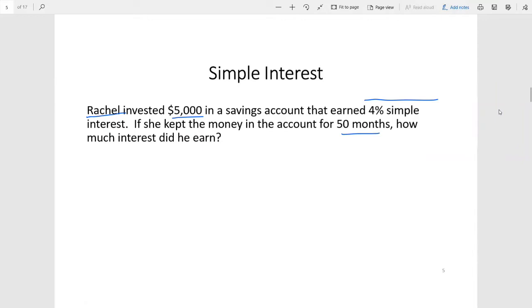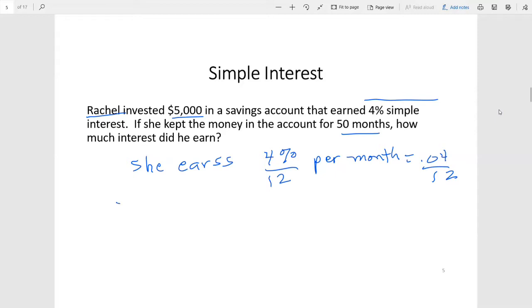That's just simply, she earns 4% divided by 12 per month. That's the interest rate per month, which is 0.04 divided by 12.